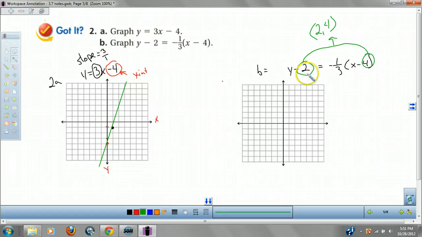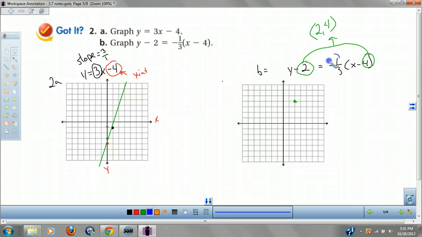If that's y plus 2, that means it's going to be opposite of what I think it's going to be. Okay? Because it's y minus y1 equals m times x minus x1. So if it's plus 2, it's going to be a -2, so we graph the point 2, -2, right here.